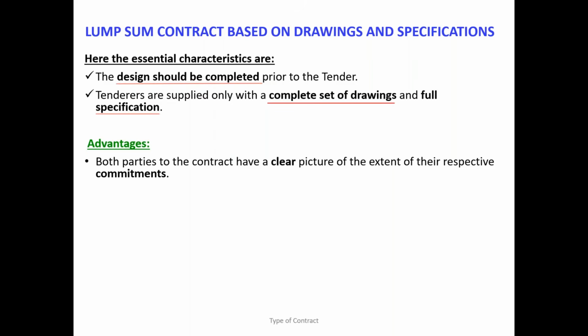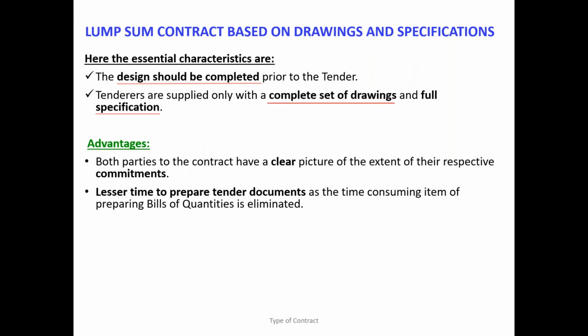That is an advantage. Second thing, you don't need to waste time preparing the BOQ, because preparing the BOQ is also time consuming, plus there is a cost associated with the consultant. You have to pay for that in order to prepare the BOQ. So that cost is eliminated, right? So less time to prepare the tender document is another benefit.